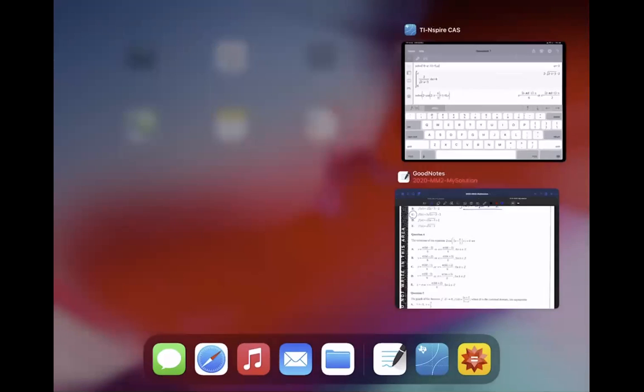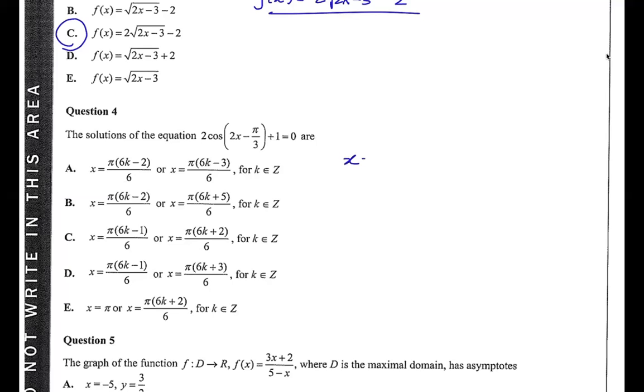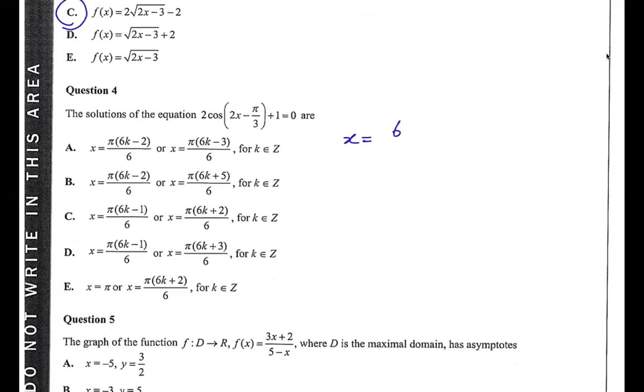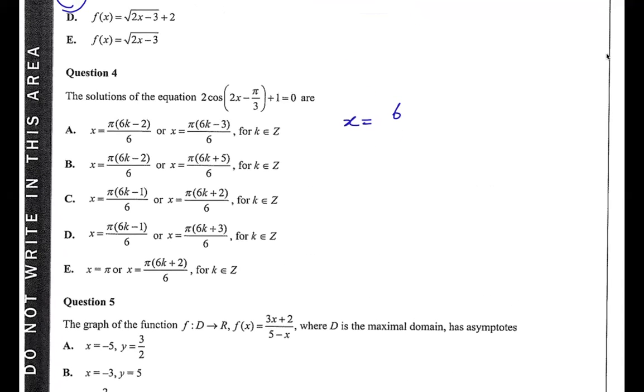Now, let me have a look. Okay, 6k minus 1 pi divided by 6. Here I use the letter k to represent any integer. The other one is 2k plus 1 pi over 2.